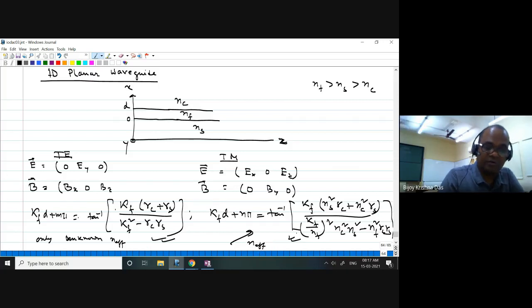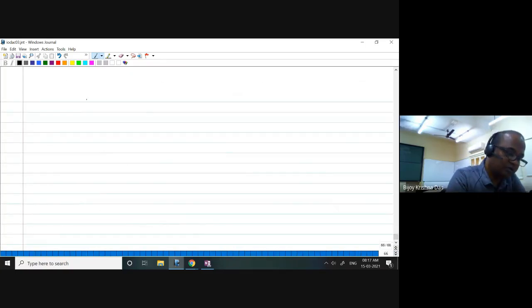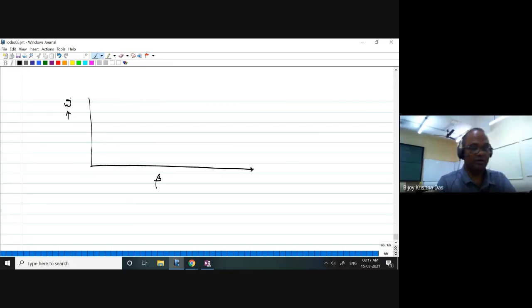So in principle you can solve it, and you can use MATLAB programming or any other programming to solve the so-called dispersion relation. So you can use this one as beta on the x-axis, and this one is omega. Okay, so I can plot for TE as well as TM.